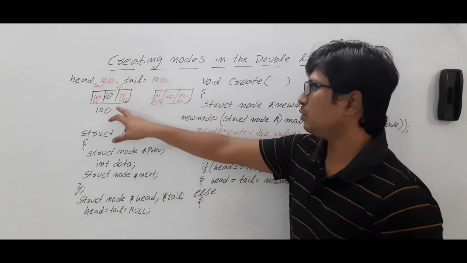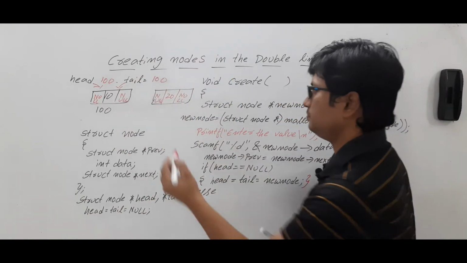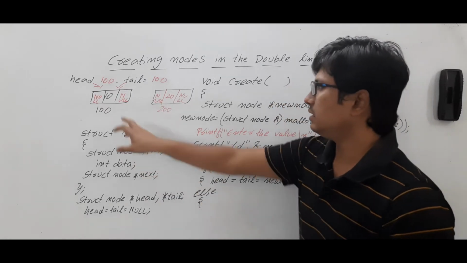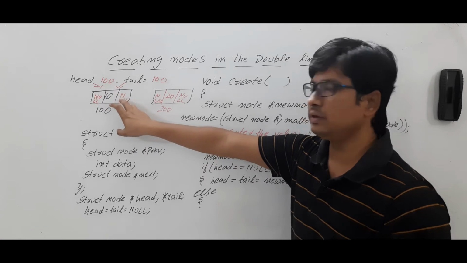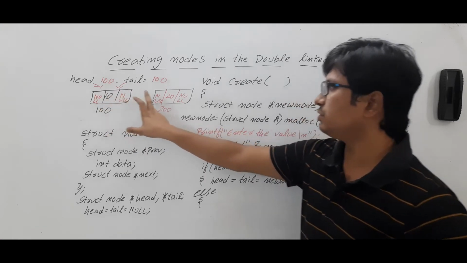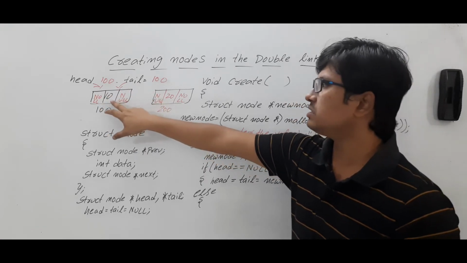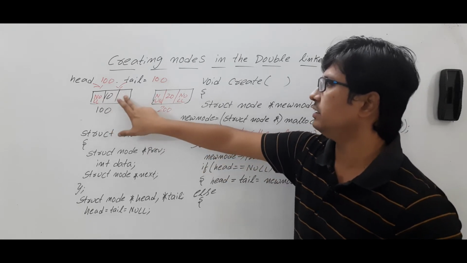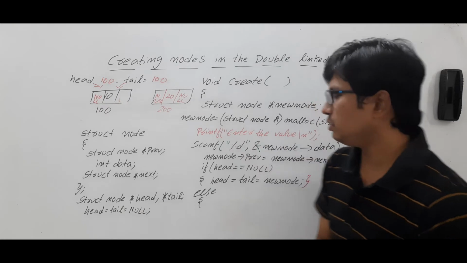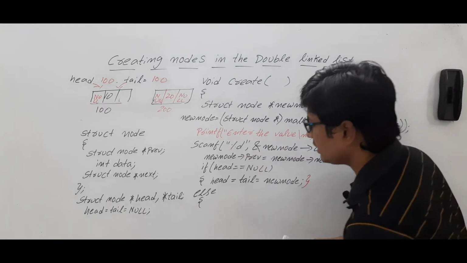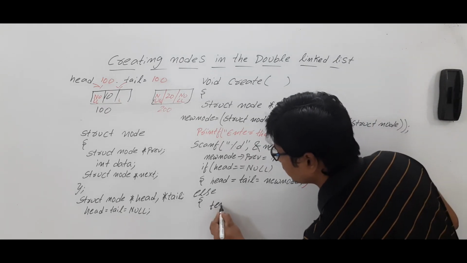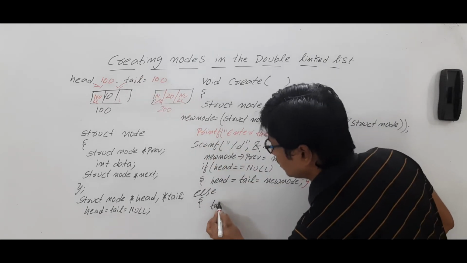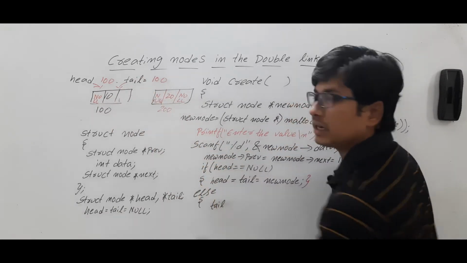Now before that, what are the things we should do? Look at the things. First one is that, see, this is the first node. If this is the second node, what is the address of the next node? Here it should come as 200. Am I right or wrong? So how can we write? We will write tail of next, because tail is pointing to 100.